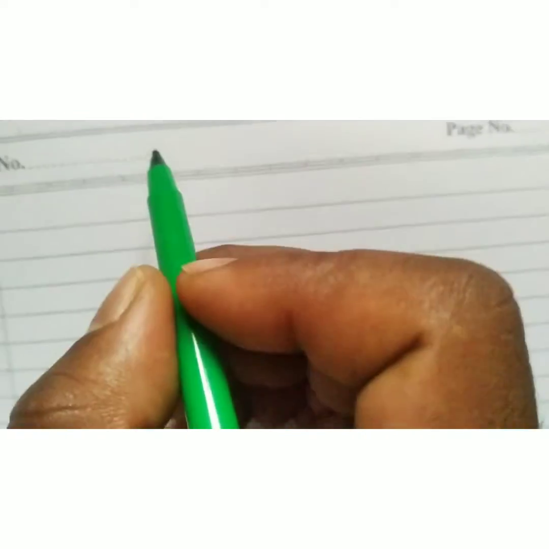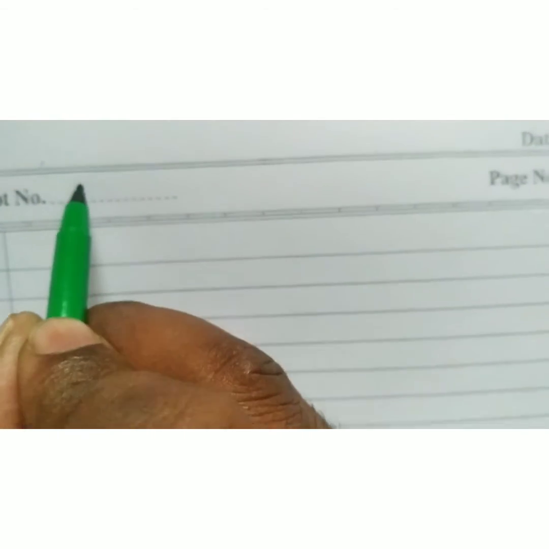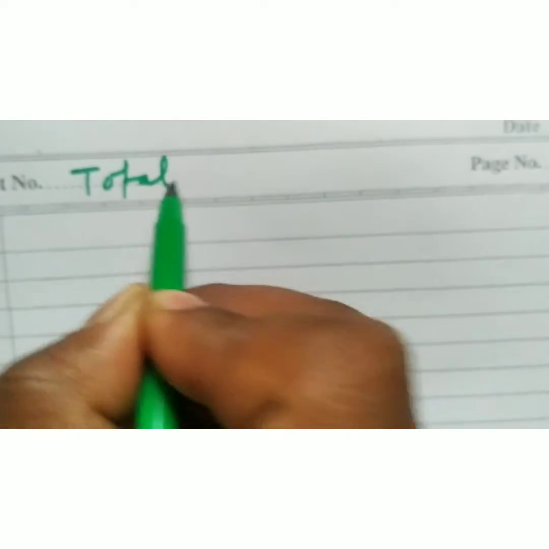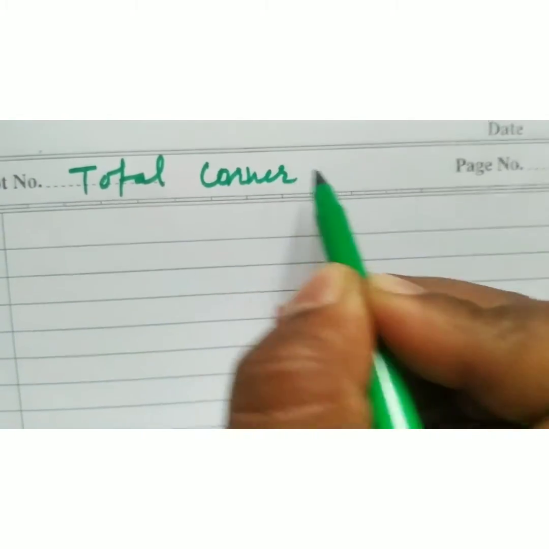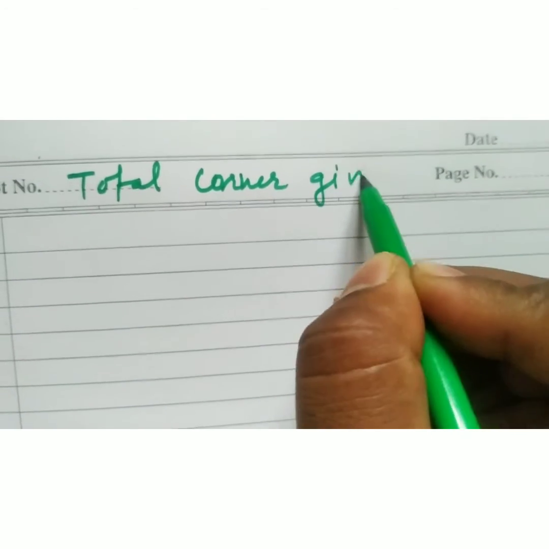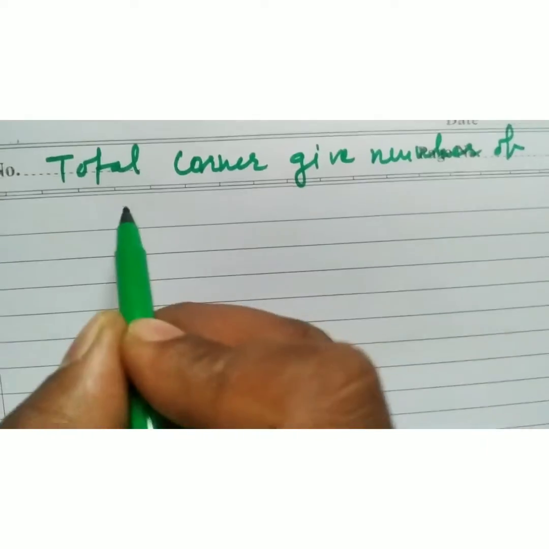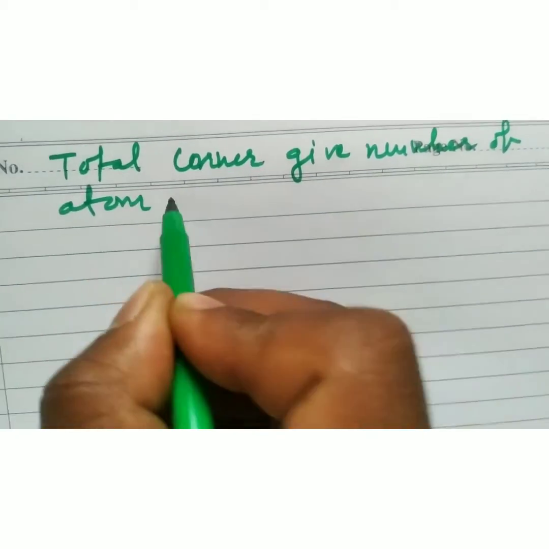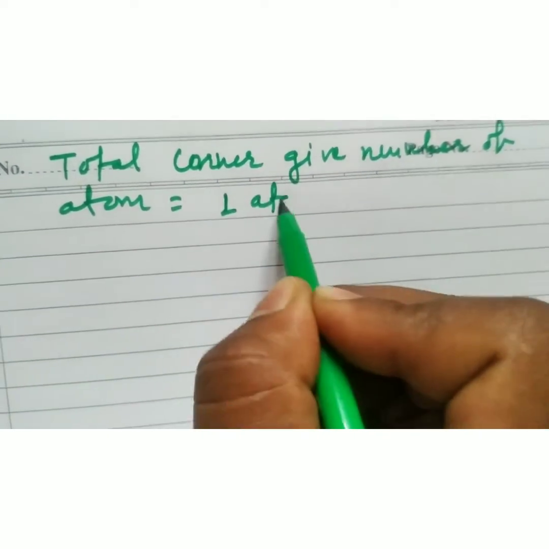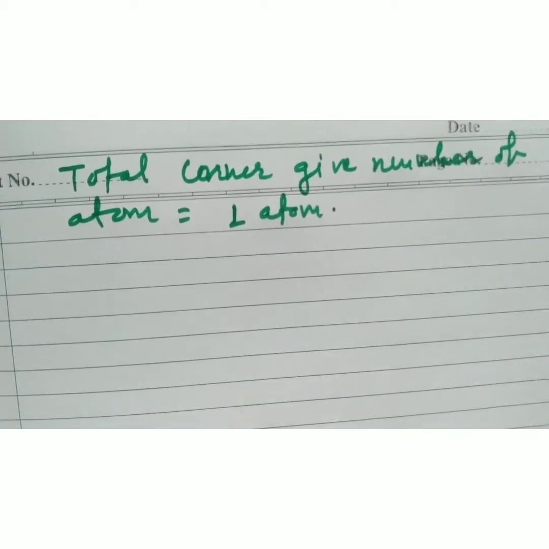Now the total number of atoms. So the total corners give the number of atoms equal to 1 atom. Clear?